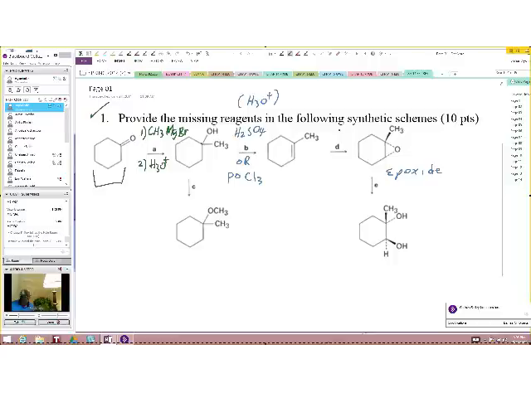MCPBA. That is correct. In other words, you want to use this MCPBA, which is this molecule here.